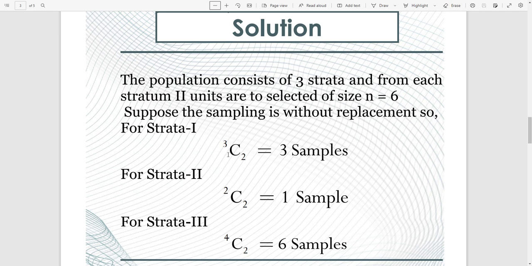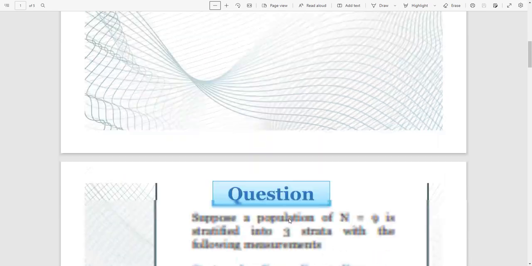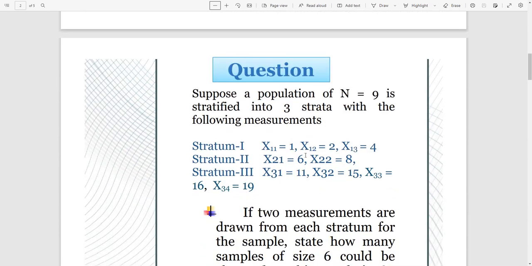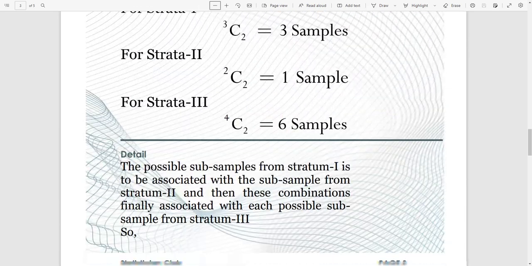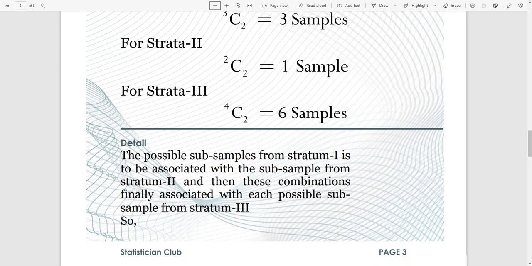So for stratum 1, 3C2 gives 3 samples. For stratum 2, capital N is 2 and the sample size is also 2, so 1 sample. For stratum 3, capital N is 4. Here capital N is the stratum population: 3 for the first stratum, 2 for the second, and 4 for the third, and small n, the sample size, is fixed at 2 units. So 4C2 gives 6 samples.